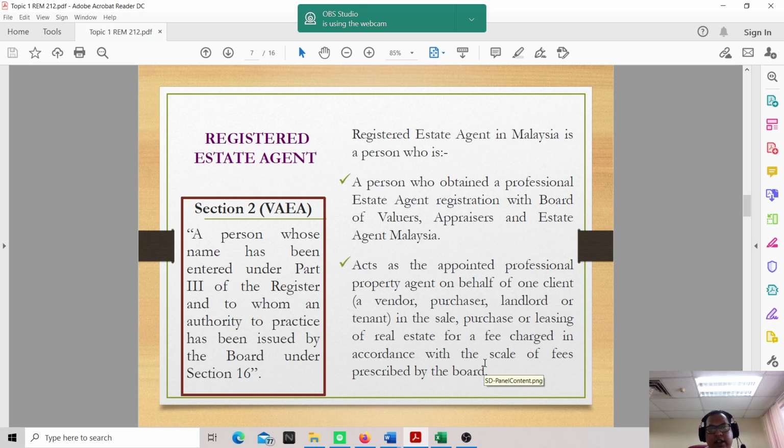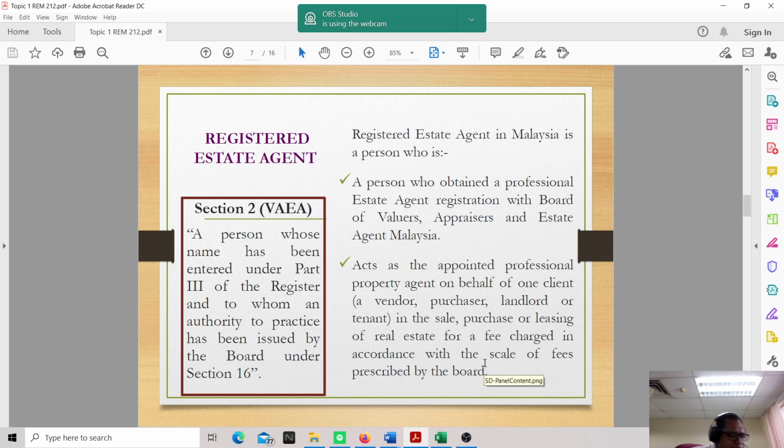Then he will take a cut. Let's say a 100,000 ringgit property is sold, then you can get 3%, 3,000 ringgit. If you have a 50-50 deal agreement with the registered estate agent, then the estate agent will get 1,500 ringgit, and you as a negotiator will get 1,500 ringgit.